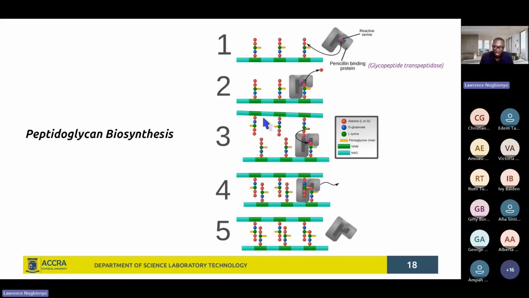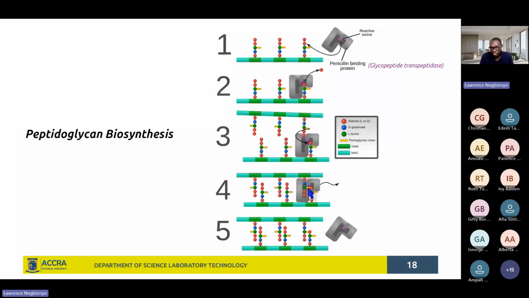So if you have a second peptide that is coming in there from another glycopeptide, you see again it is alanine, which is at the end of that peptide chain, which is getting into that long pocket of the enzyme. And what you see is that there is a yellow linkage, the peptide linkage, what's referred to as the pentaglycine chain, because you are having a cross linkage between alanine and lysine.